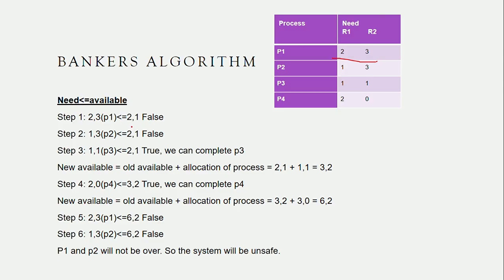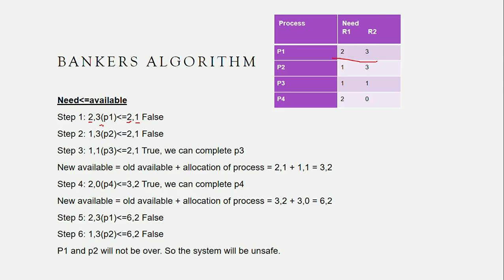It's not possible, right? 2, 3 is not less than or equal to 2, 1. Out of 2 resources we can give 2, but out of 1 resource we cannot give 3. So that's why this condition is false. We cannot do the allocation for P1 as the need is more than the availability.